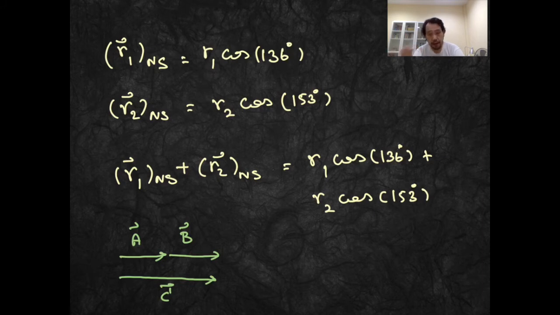For example, if we define the north direction as a positive direction, and if the result of the addition of the components of two vectors along the north-south axis has a positive value, it means that it points to the north. But if it's negative, it means that it points to the south. So we can ignore the absolute symbol here.